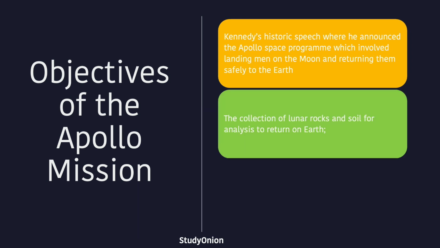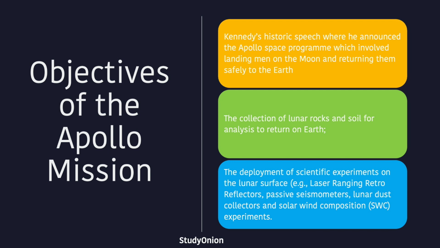Secondly, the collection of lunar rocks and soil for analysis on return to the Earth. And the deployment of scientific experiments on the lunar surface. These included laser-ranging retroreflectors, passive seismometers to measure moonquakes, lunar dust collectors, and solar wind composition experiments.